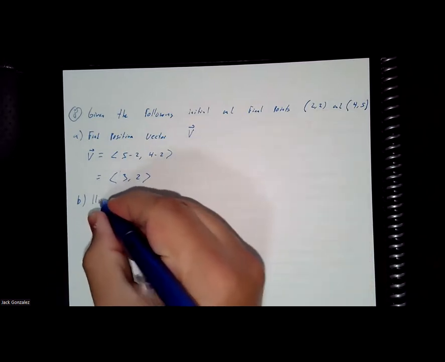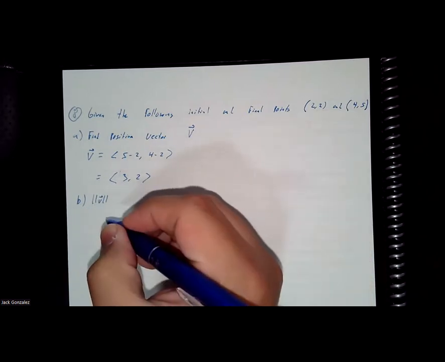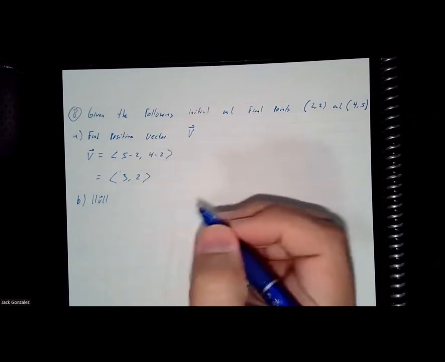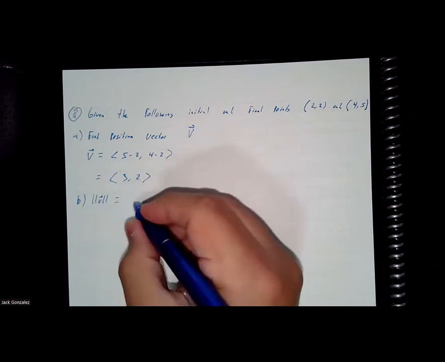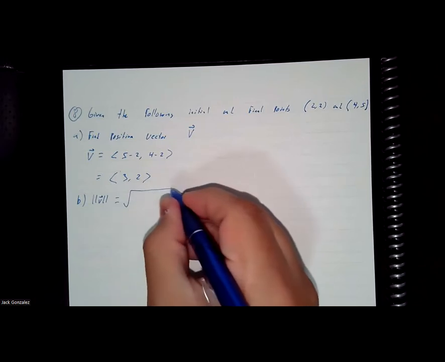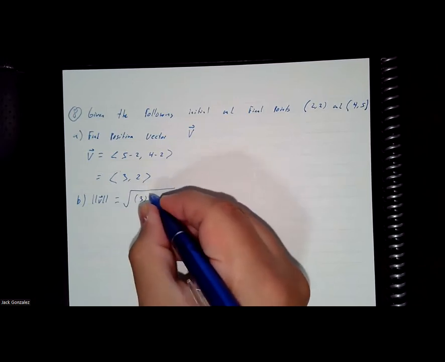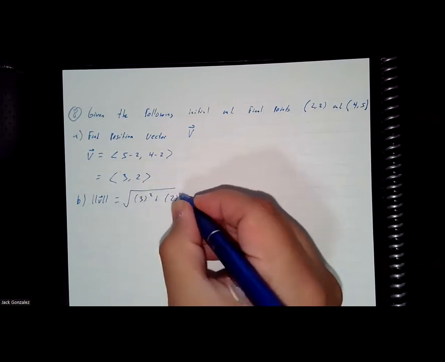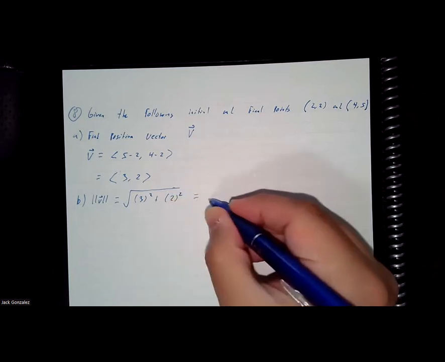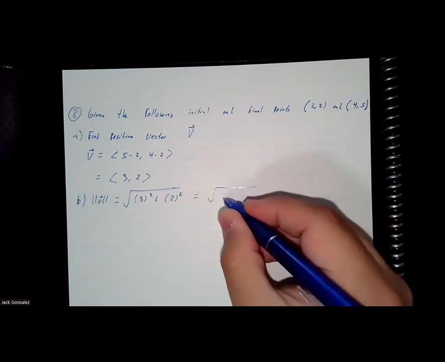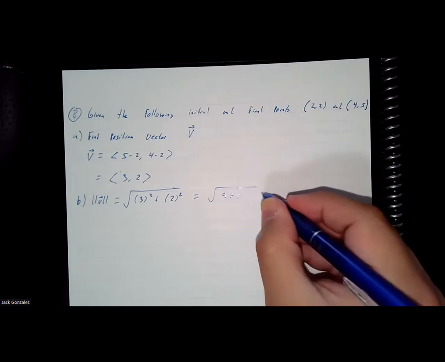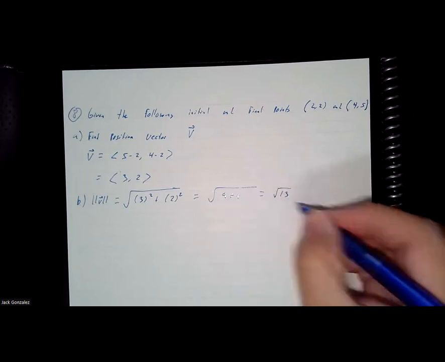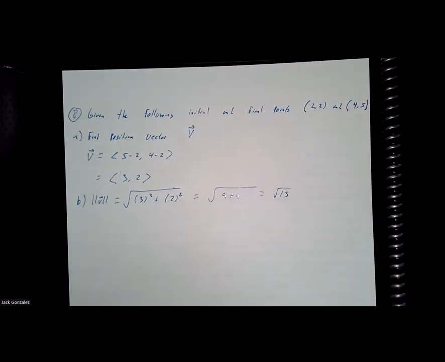So find the magnitude of v is what it said. So this will be the square root of 3 squared plus 2 squared. So that'll be 9 plus 4, which is square root 13. That's it. This is the magnitude and the position vector.